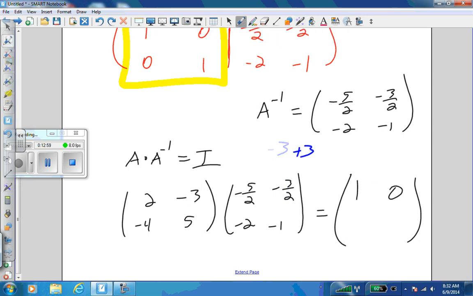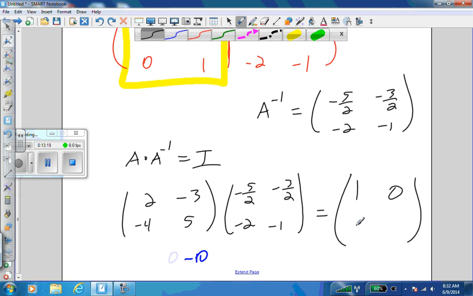So that gives us 0. Now the second row, first column, minus 4 times that. The minuses cancel, the 2 and the 4 reduce, so that gives us 10. 5 times minus 2 gives us negative 10. 10 minus 10 is 0. Looks good so far.